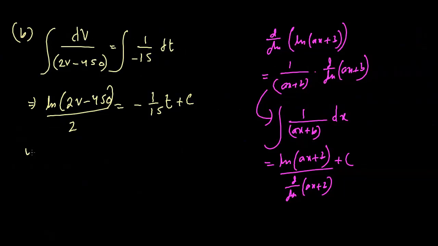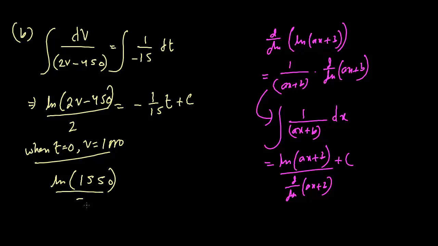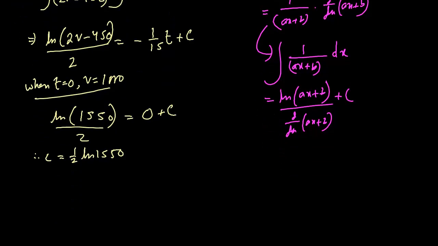So when t equals 0, v equals 1000, then ln of 2 into 1000 is 2000, 2000 minus 450 is 1550. So 1550 divided by 2, and this would be 0 plus c. So therefore c equals half ln 1550.